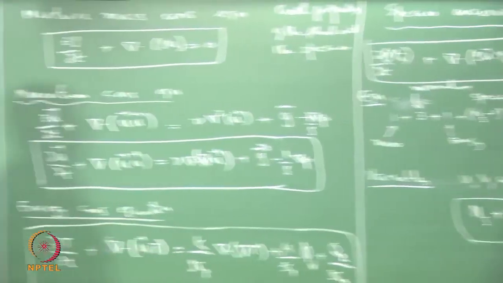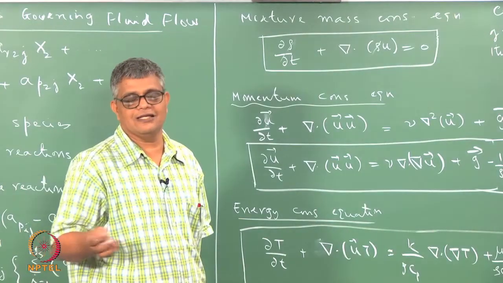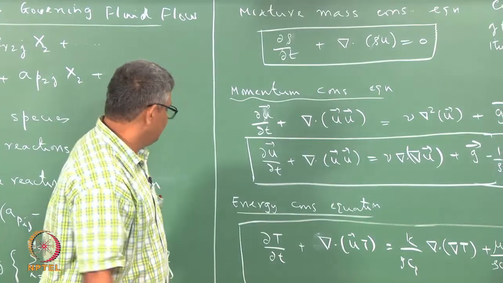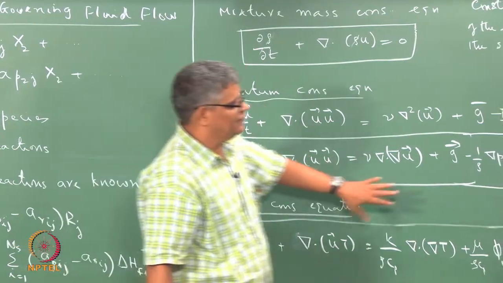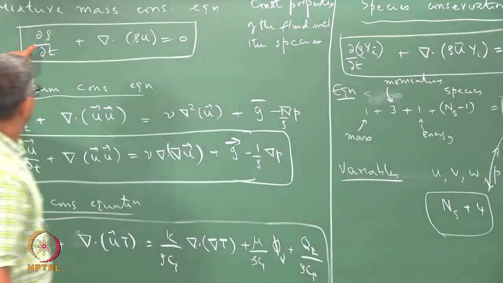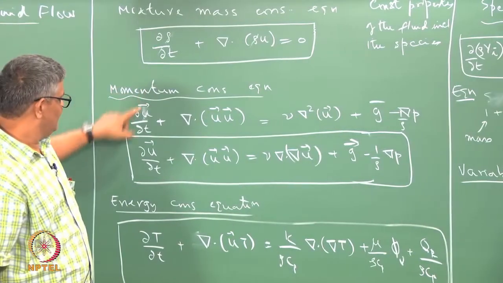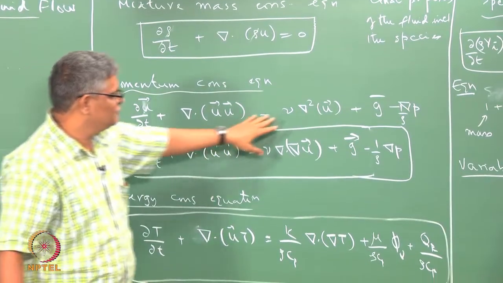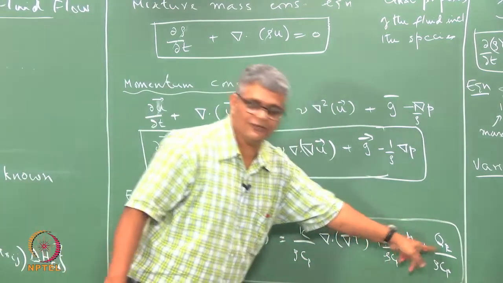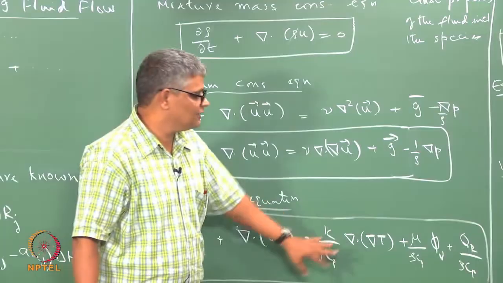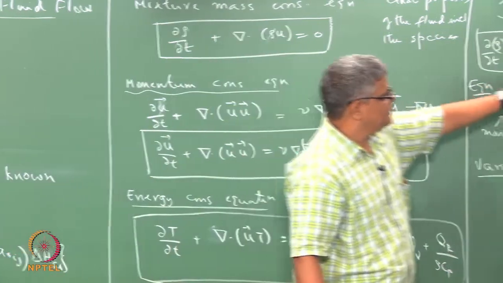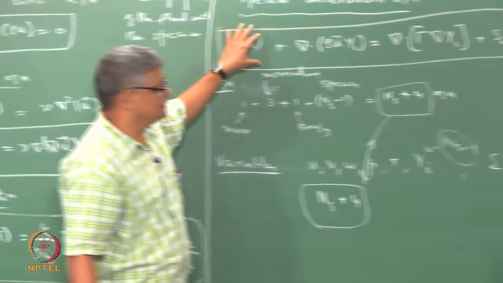In the simplest case of no chemical reaction and a single component fluid, the same equations apply. Here this becomes redundant, and rho becomes the density of the fluid, and nu becomes the viscosity, and in this equation QR will be 0, but all the other terms will remain. So QR becomes 0 and SI becomes 0 and YI is equal to 1.